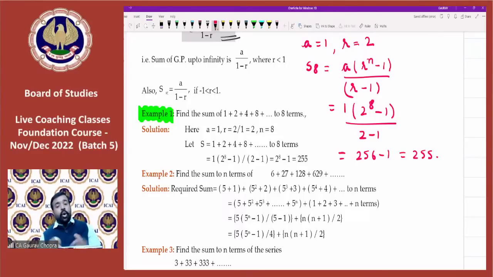Try to revise all the formulas daily before sleeping. Just give 5 to 10 minutes to the formulas before sleeping and then go to bed. You have to repeat this process for 7 to 10 days, and after that you will be all right with all the formulas. It is just like a doctor's prescription. You normally take 5 to 10 days of tablets, and after that you become all right. Same is with the formulas. Revise daily before going to bed for 10 days, and after that you will be an expert in the formulas. Right?